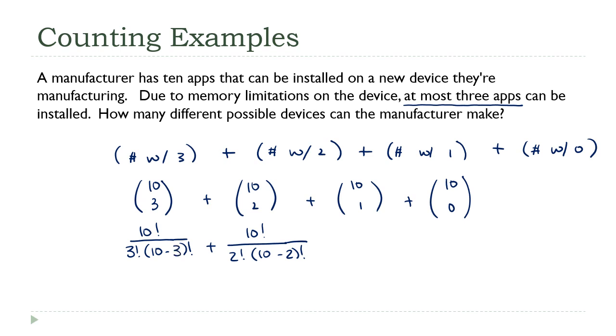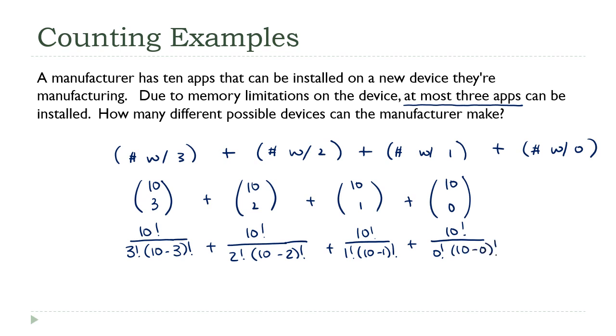I kind of just jumped the gun and put the 10 minus 3 in there. Plus 10 factorial over 1 factorial times 10 minus 1 factorial plus, and the last one, 10 factorial over 0 factorial times 10 minus 0 factorial.